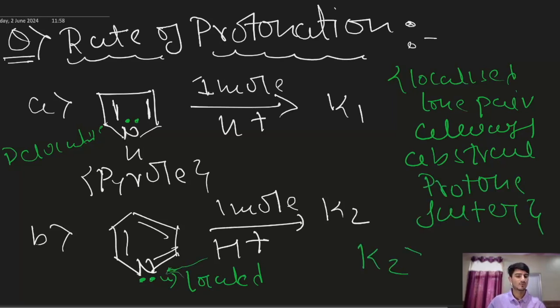K2 will always be greater than K1, because in the second case the lone pair is localized, so it is more available for the proton to attack, and in the first case the lone pair is delocalized throughout the molecule, and that's why the proton cannot attack at a faster rate. So K2 will be higher as compared to K1.